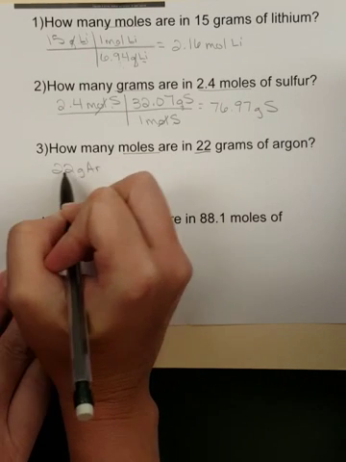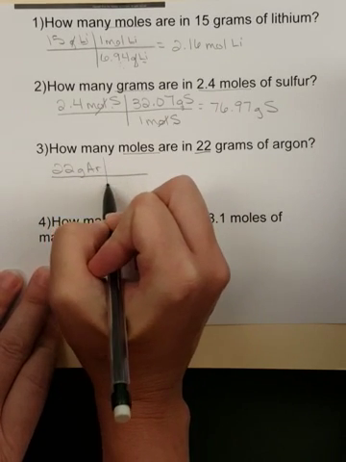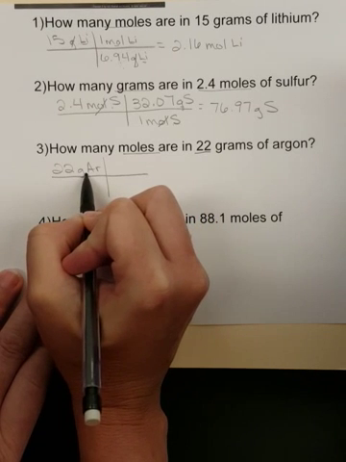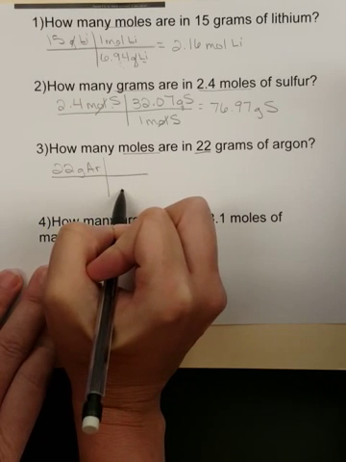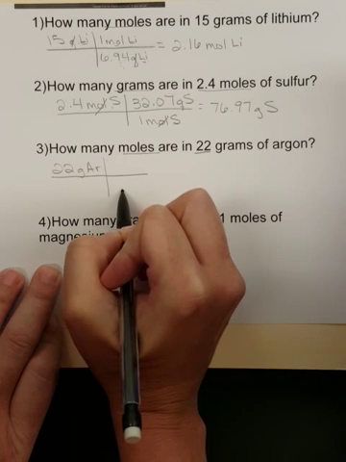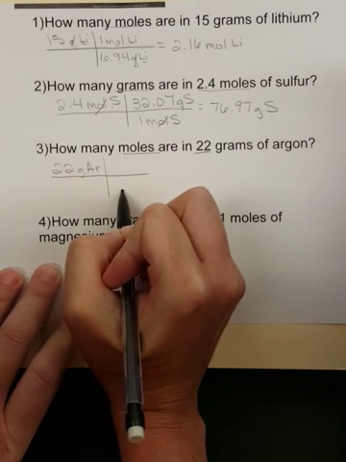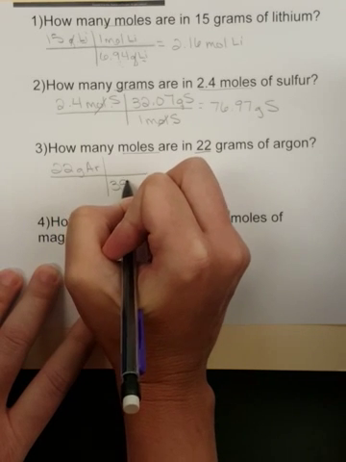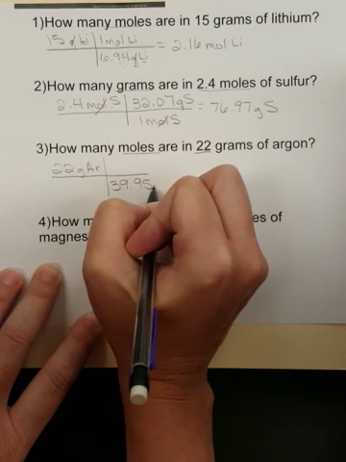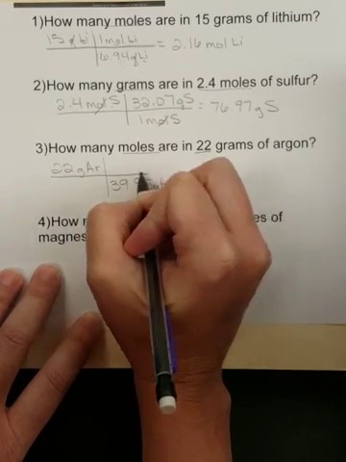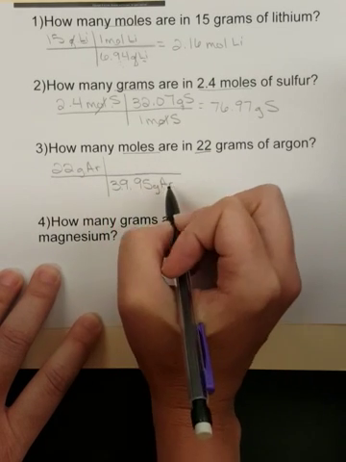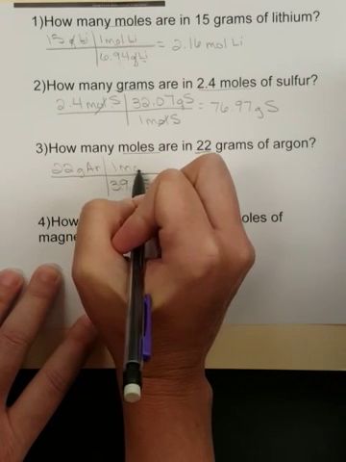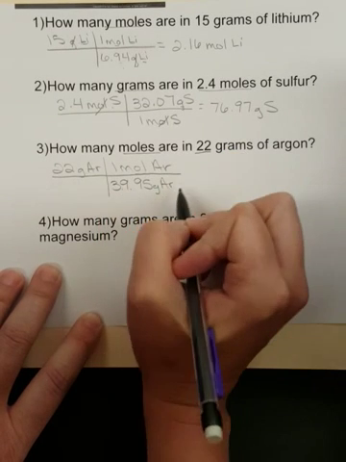So 22 grams of argon. I have grams of argon here, and I need grams of argon down here. The only place I can find that is on the periodic table. So I'm going to put 39.95 grams of argon here, and my 1 mole of argon on top.